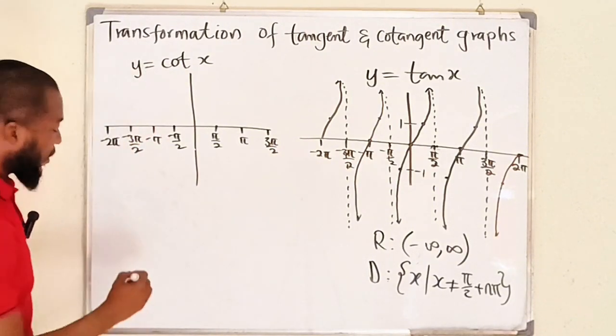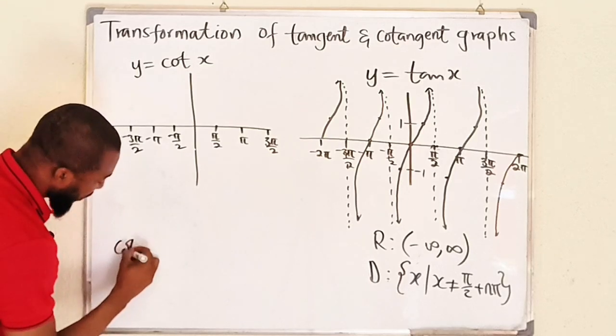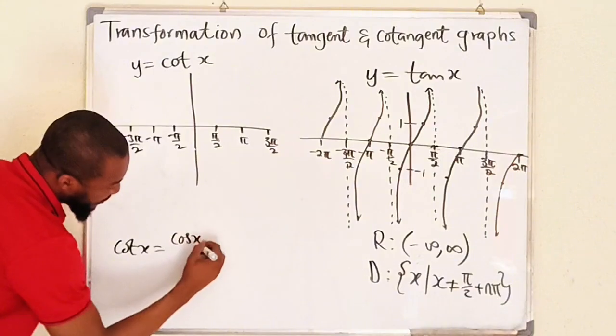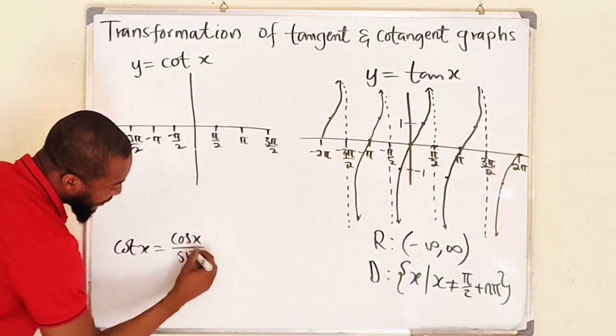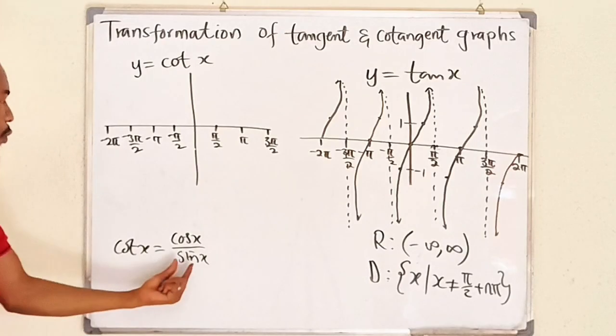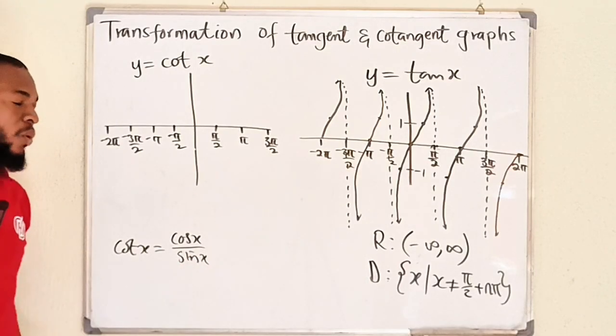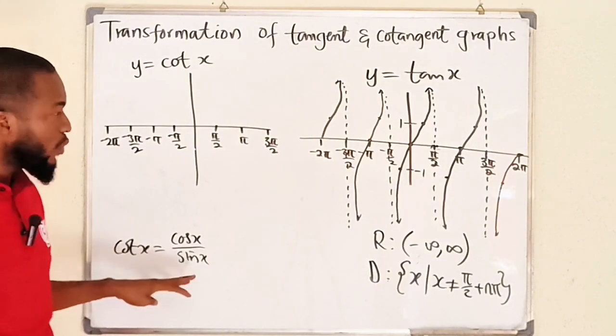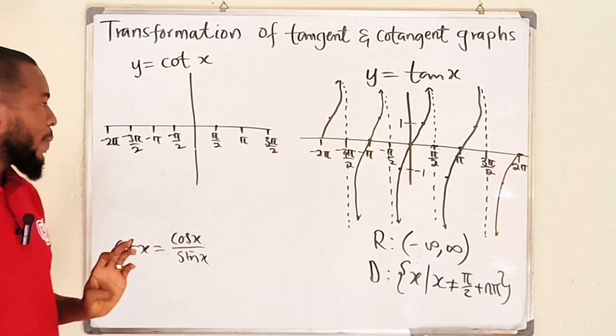All right, remember that cotangent x is equal to cosine of x divided by sine of x, because it is the reciprocal of tangent. So we need to determine points where sine is equal to 0, because we don't want any situation that will make the denominator equal to 0.